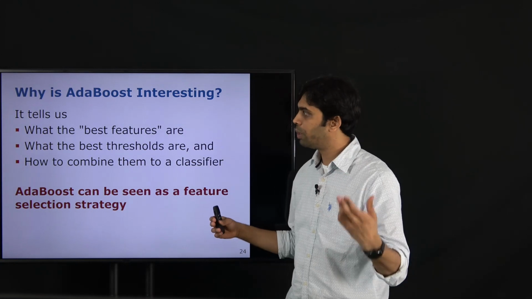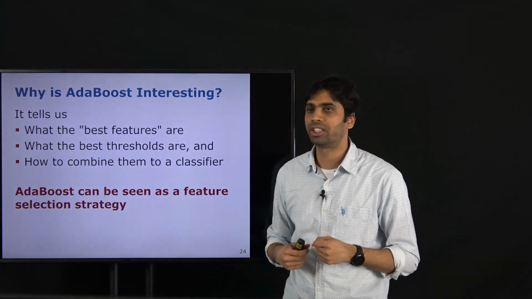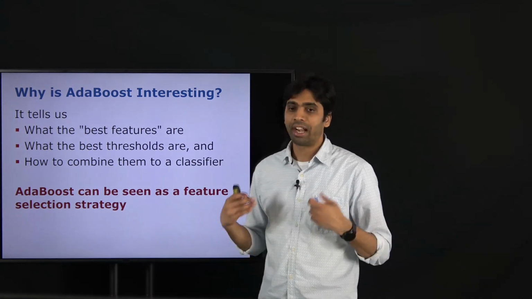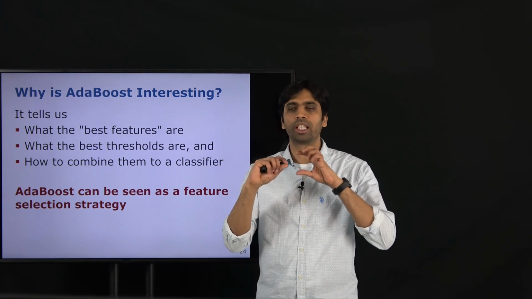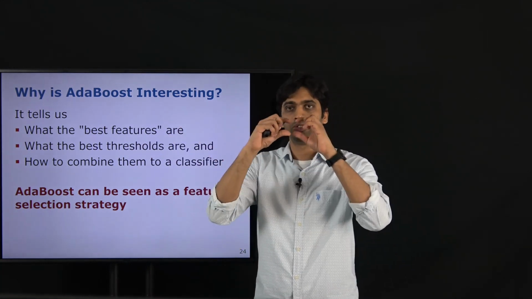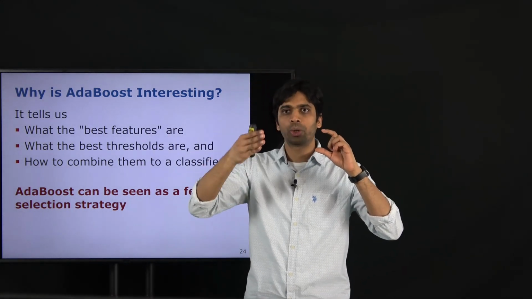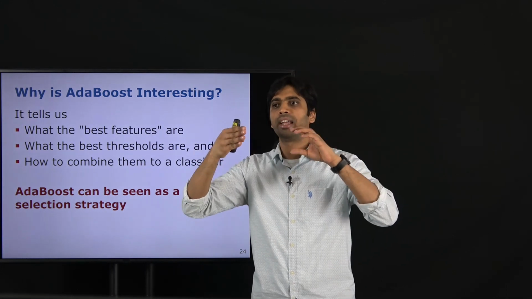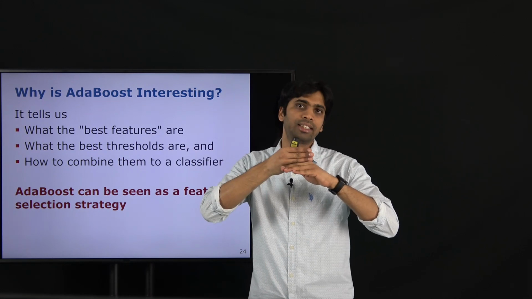And by doing this weighting process, AdaBoost is essentially figuring out which are the best features out there. We'll also see in the next slides that AdaBoost gives us a way to figure out the best thresholds for each of these weak classifiers. If you think of a decision tree, you need to choose a threshold to say, if my feature value is greater than this, then it's a positive example; if it's less, it's a negative example.